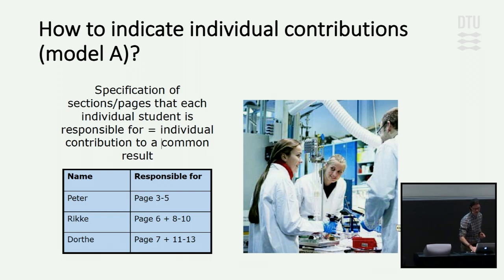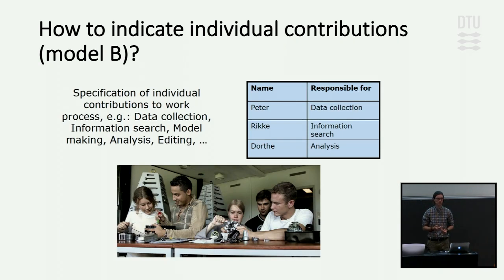On the other hand, you can also present the project contributions in a way that states which theoretical or empirical parts of the analysis have been conducted by each individual member of the group. So you can say, for example, that Peter worked on data collection, Reike worked on information search, and Dörte worked on the analysis part.